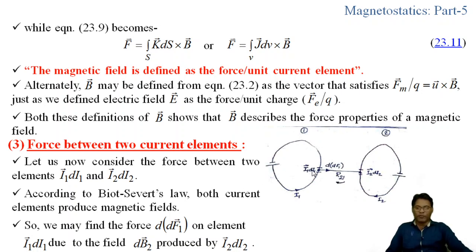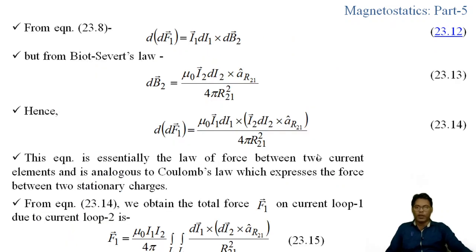So dF1 is the force on the element I1 dl1 due to the magnetic field dB2. Here dB2 is produced by the current element I2 dl2 of loop 2. So we can write dF1 equals I1 dl1 cross dB2.